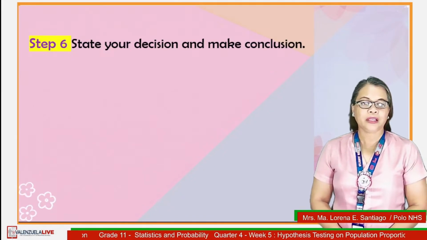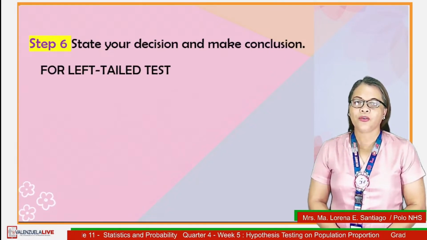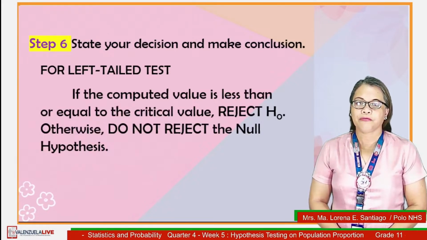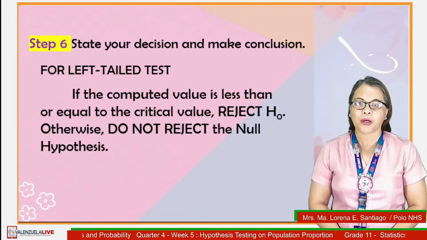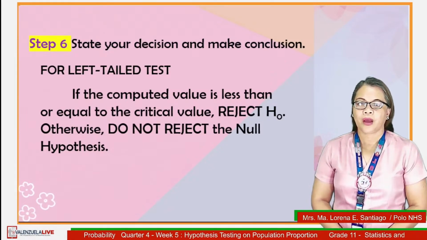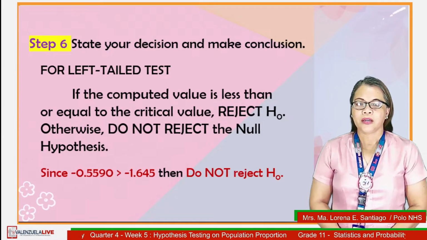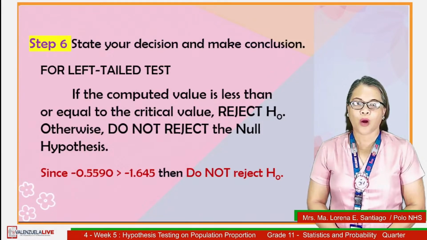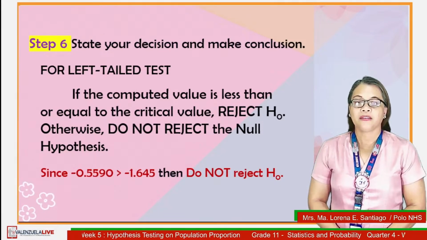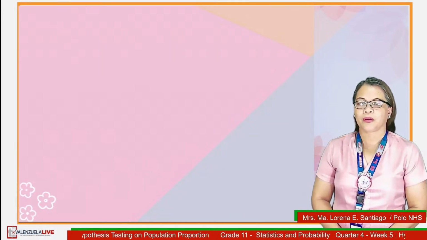So for the left-tail test, if the computed value is less than or equal to the critical value, then we will have to reject the null hypothesis. Otherwise, we do not reject the null hypothesis. Since negative 0.5590 is greater than negative 1.645, then we do not reject the null hypothesis.